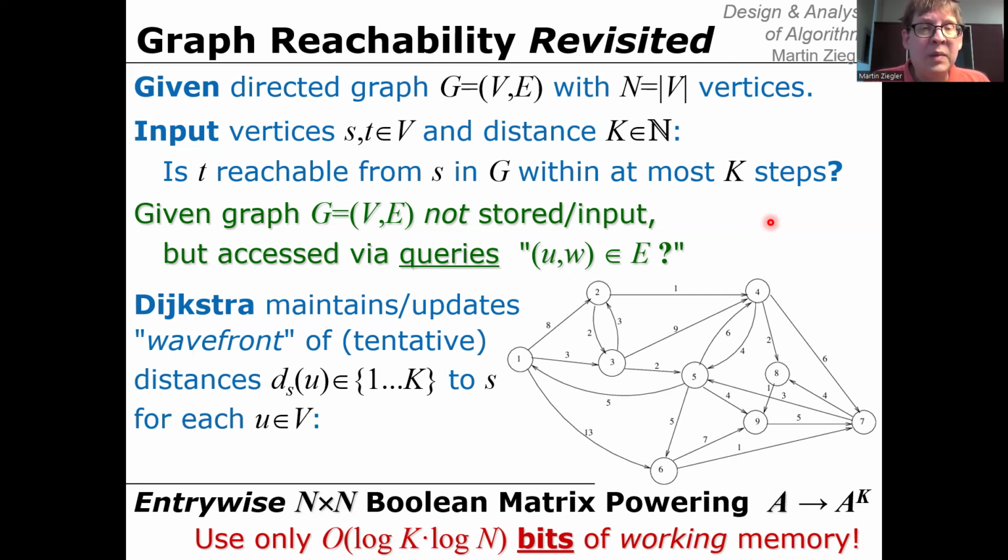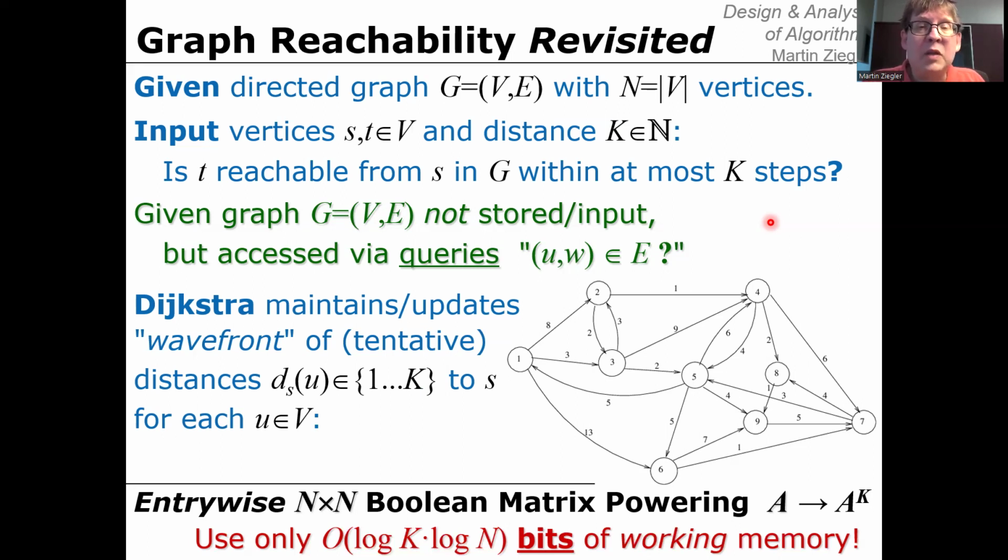So this algorithm stores the vertices that are currently reachable, and in each phase, it updates the list of vertices that are currently reachable. And in order to encode one vertex, we can store each vertex using log n bits, or we can use an array of n bits, where each bit says whether the vertex corresponding to that position in the array can be reached yet or not.